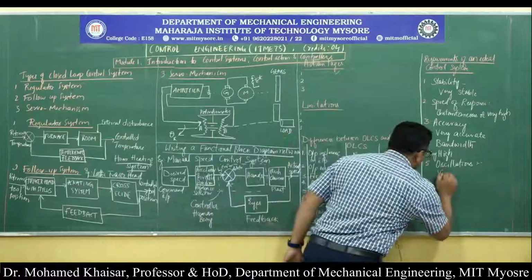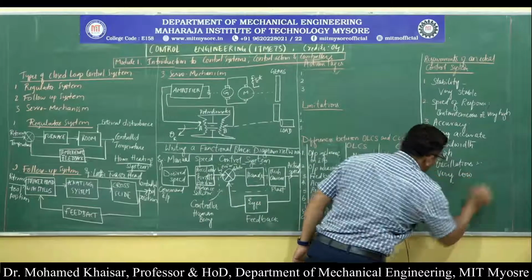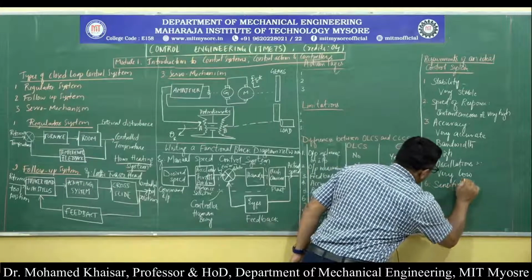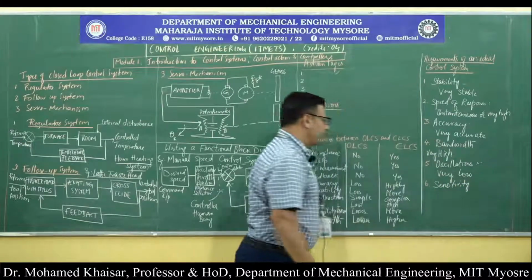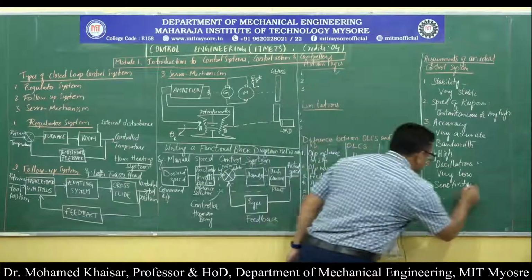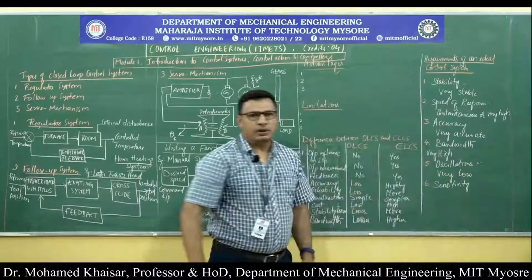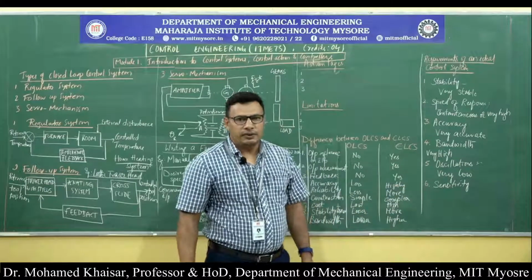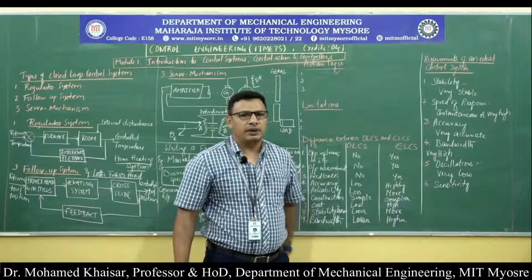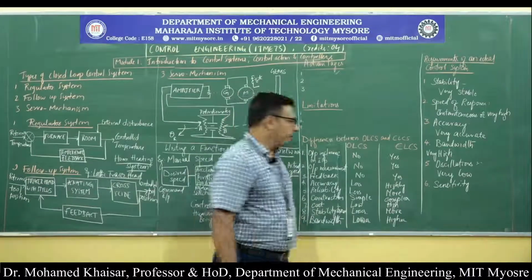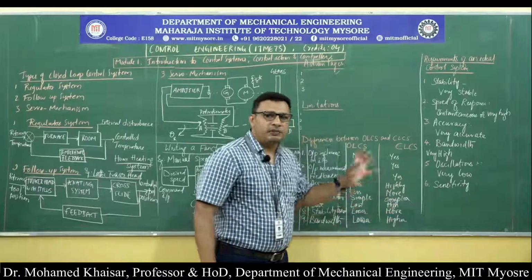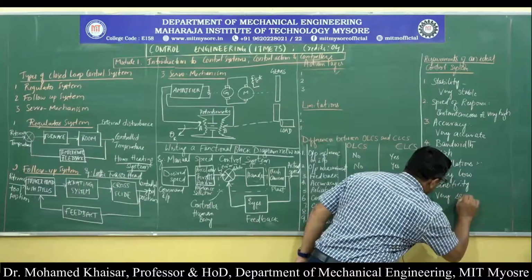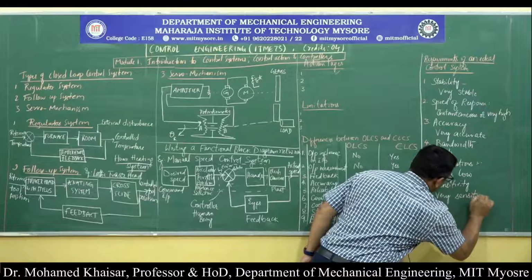So oscillations should be very low. Then one more very important requirement for any good control system is sensitivity. Any external disturbances experienced by the system, apart from the input, the system should be very sensitive to. So a good control system has to be very sensitive.